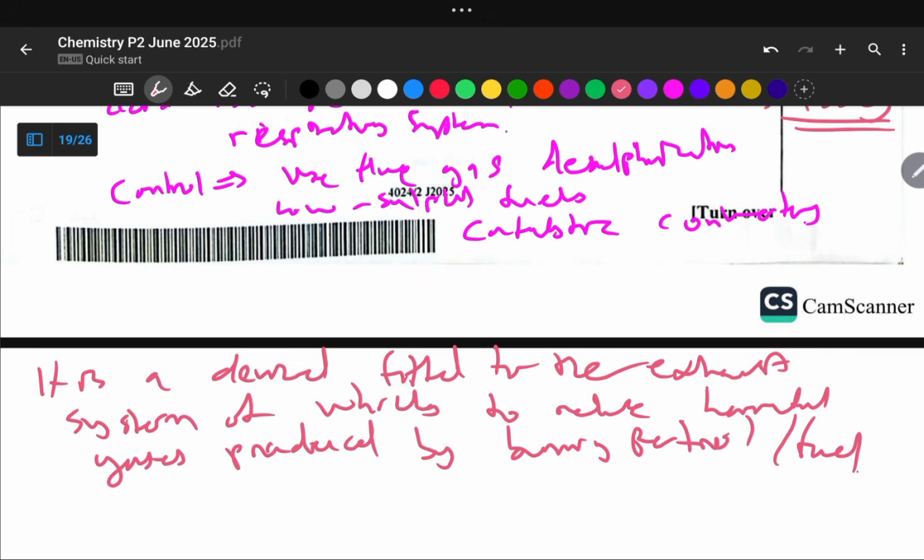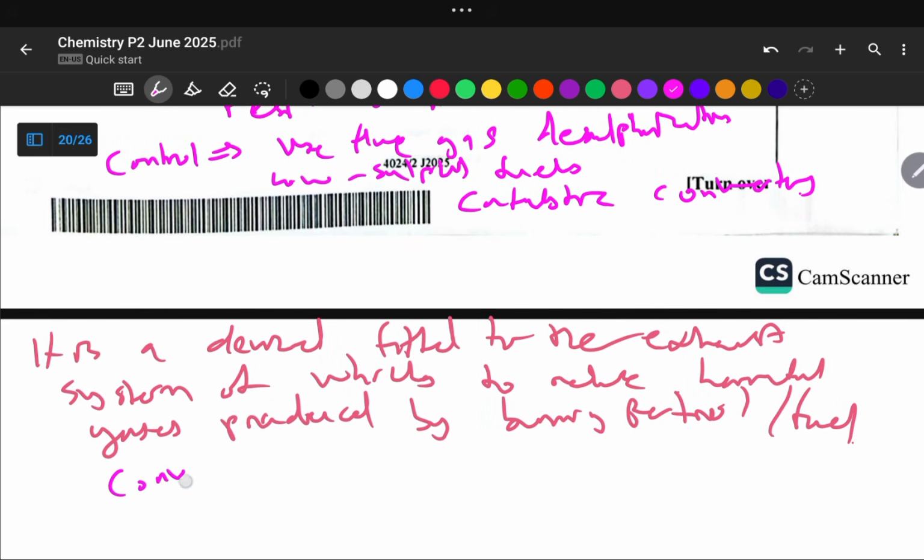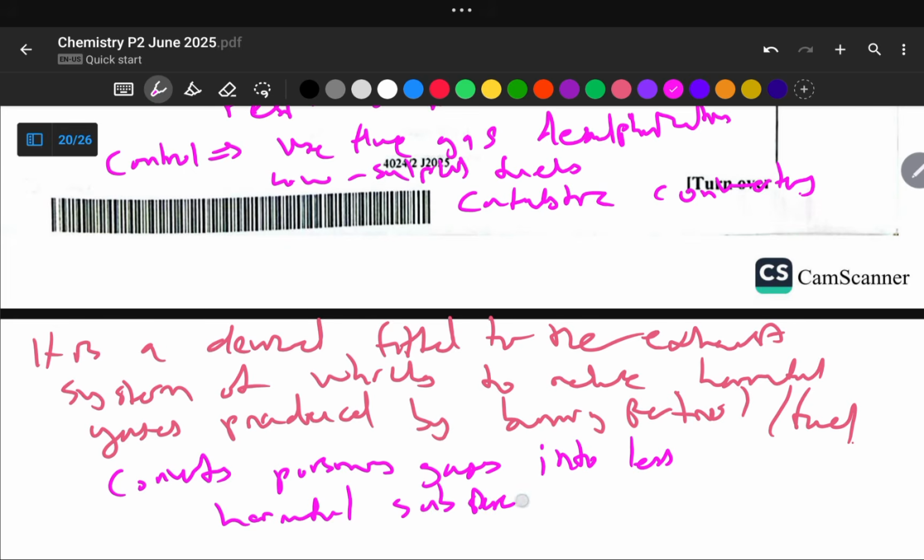The function is to convert poisonous gases into less harmful substances before they are released into the atmosphere.